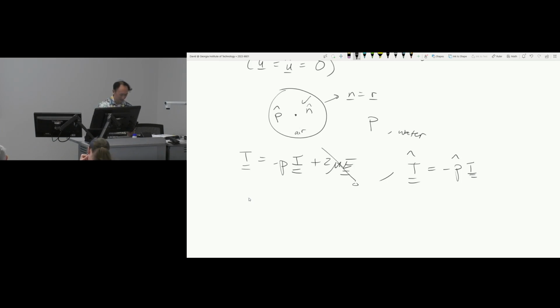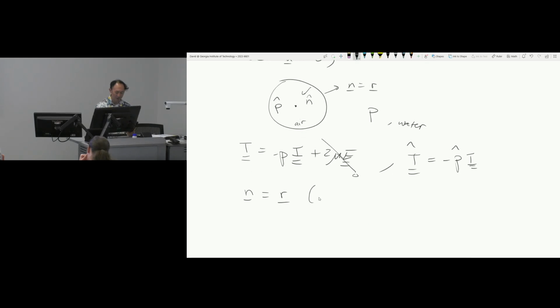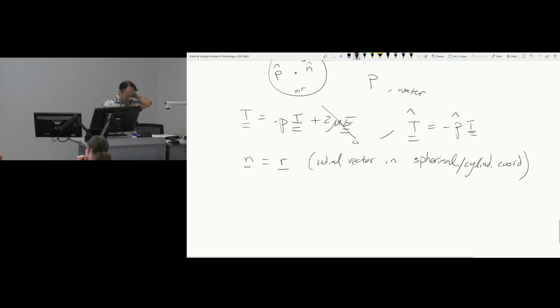And N is going to be equal to, this is not the position vector. This is the radial vector in spherical coordinates. I don't want to call it the position vector because to know a position, you have to know what theta is too, and z. So we'll call it the radial vector.